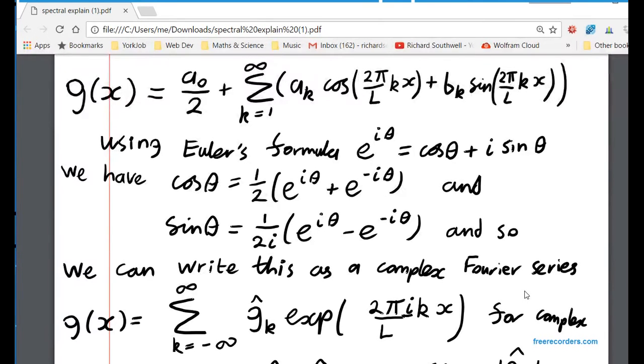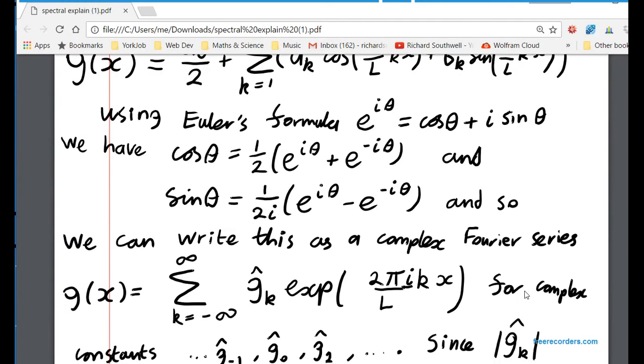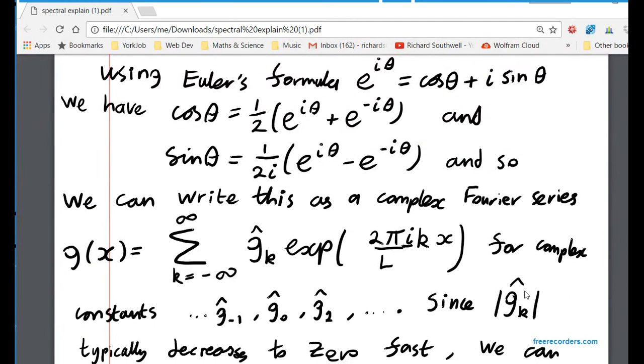So you see that the argument of the exponential is basically the same looking as those in the sines and cosines, and in a way it helps, because it means if we were interested in doing this sort of thing for functions with complex values, we could do. But for today, let's just carry on thinking about a real valued function g.